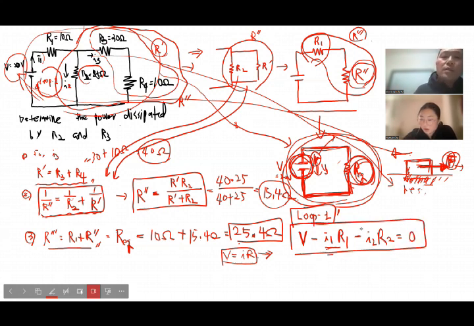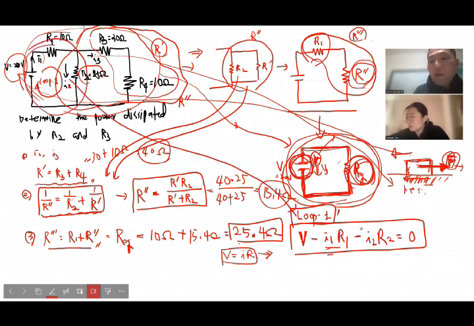As I showed you last session, the battery raises the potential, and these two resistors in this closed loop lower the potential by current times resistance. So that is the first.